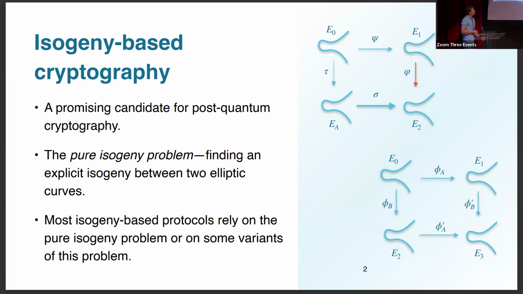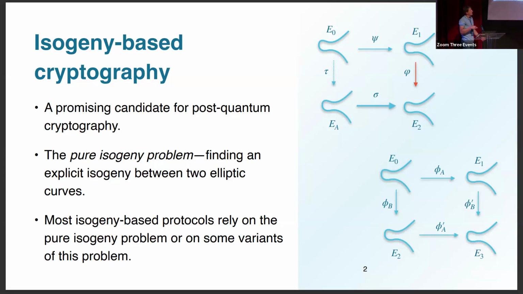As a quick illustration, this diagram is about the SQISign signature scheme. Here, the assumption is that if there is a commitment isogeny psi and a challenge isogeny phi, then it's difficult to find this isogeny if you don't know the secret isogeny tau.